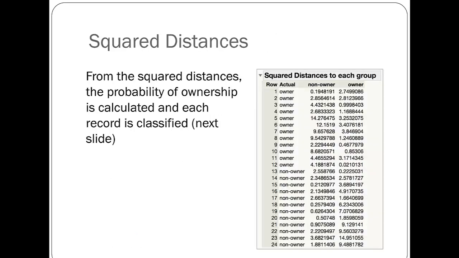So here you can see the squared distances for all of the data points for the non-owner and owner. Based on these squared distances, this one would be classified as a non-owner, misclassified as a non-owner, actually.